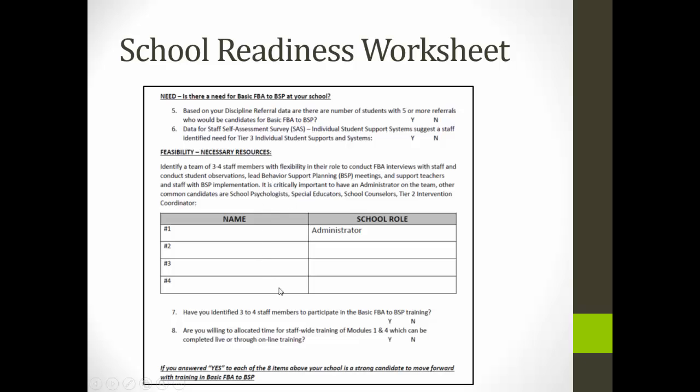And then can we allocate some time to do training modules 1 and 4 with the entire staff? So this is an example of a worksheet that you might use, and some of the primary features we'd like to see schools committing to so they know what they're getting into before we begin training. It's not helpful if folks are halfway into the training and we're springing things on them and blindsiding them with expectations of things they're going to carry out.